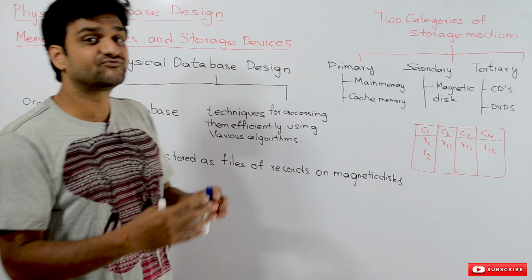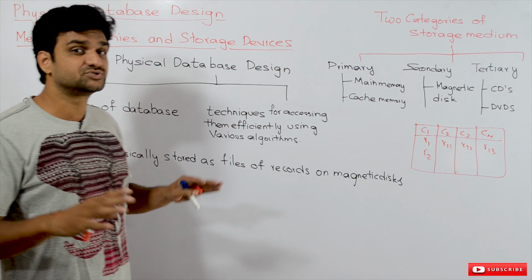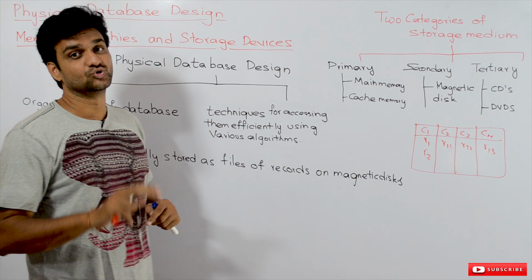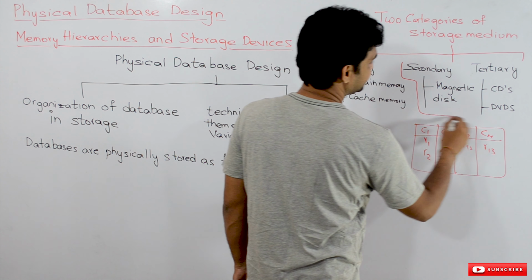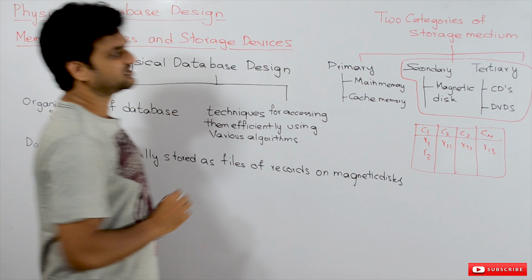There are different kinds of storage mediums, and the entire storage medium used on a computer is categorized into two. What are those? These two come under one category, and this will come under another category.